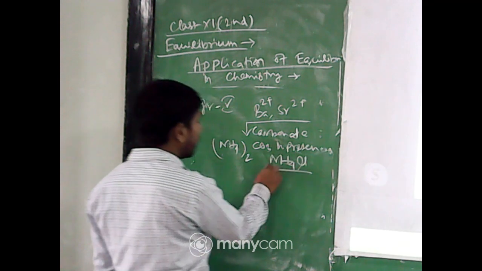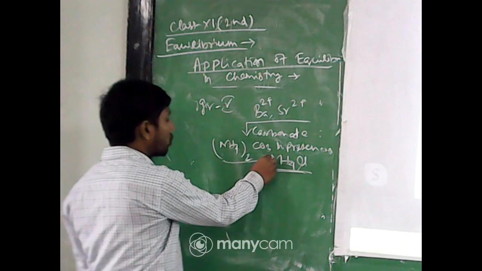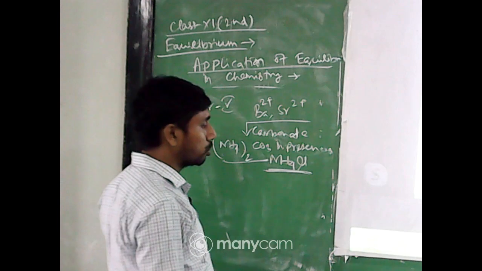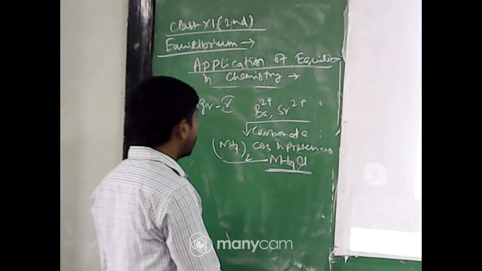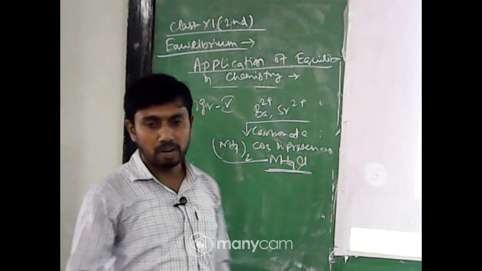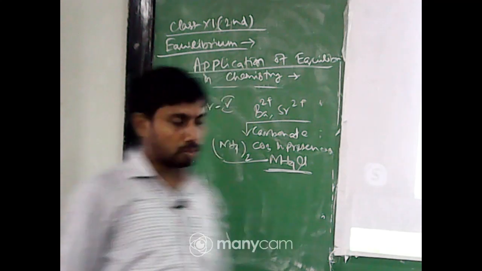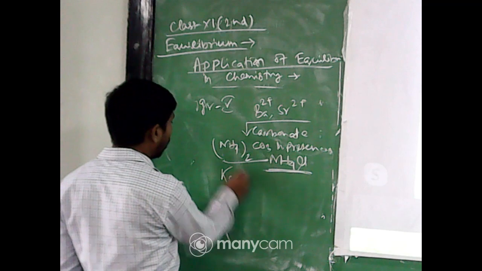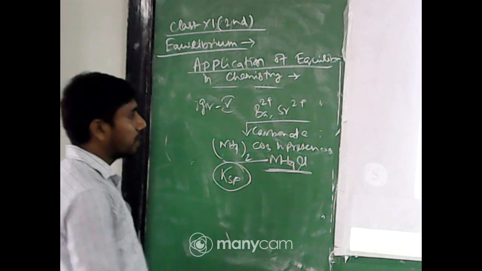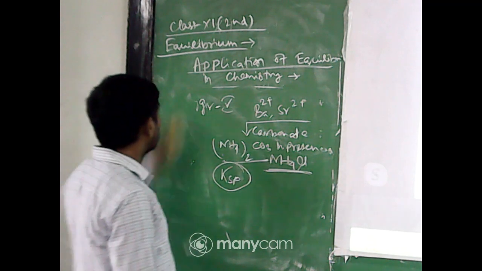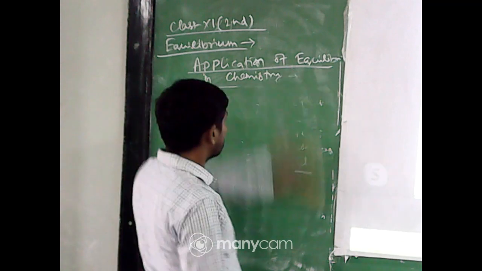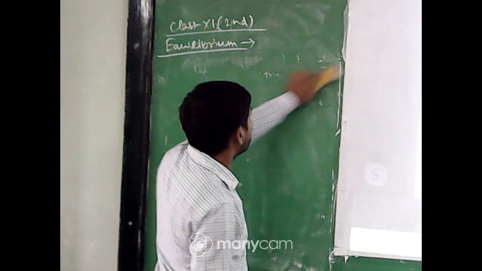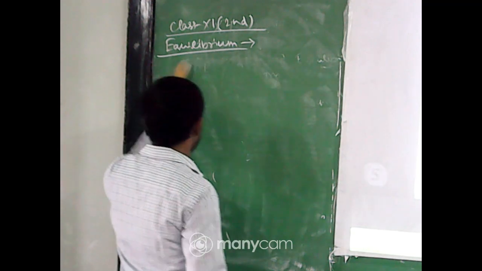Here also the same: the strong electrolyte dissociates completely and suppresses the dissociation of the weak electrolyte, giving an appropriate value of Ksp. So all are depending on the value of Ksp. These are the applications of equilibrium, the different parameters we have learned from equilibrium in chemistry.